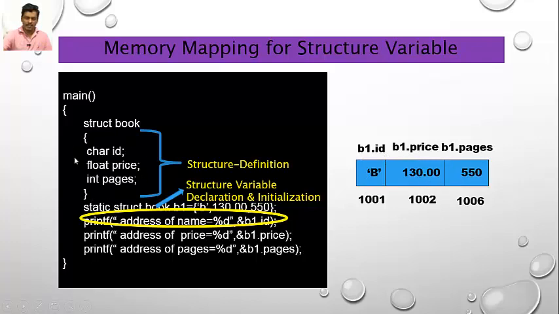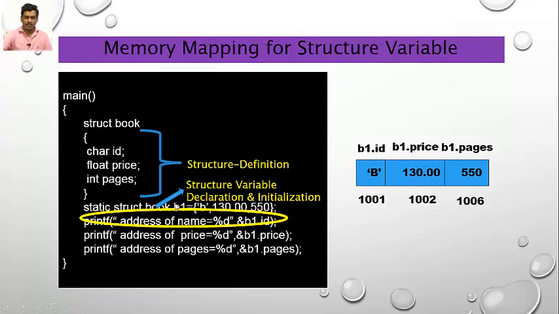In the structure definition, there are totally 3 elements. Within the structure definition, we declared 3 variables; these are all elements. So b1 consists of 3 elements, that is 3 locations: b1.id, b1.price, b1.pages.